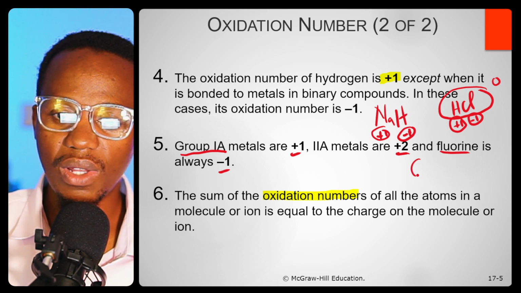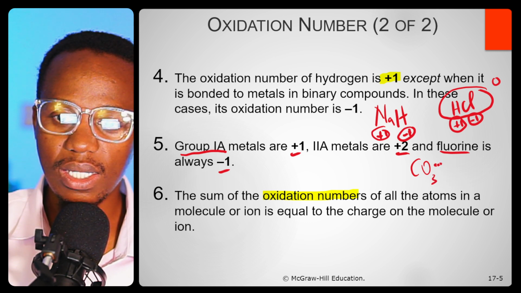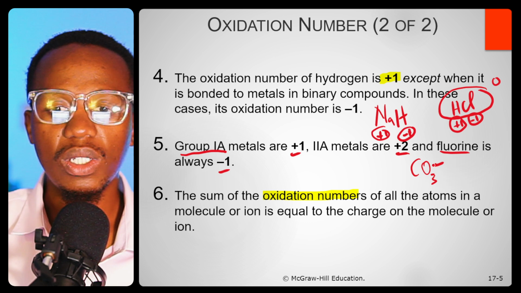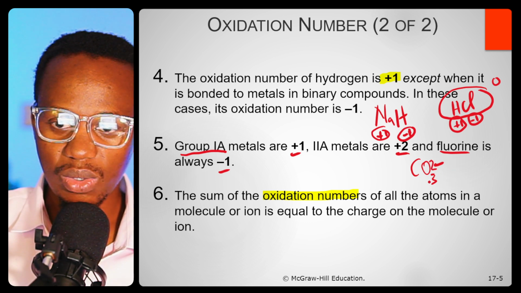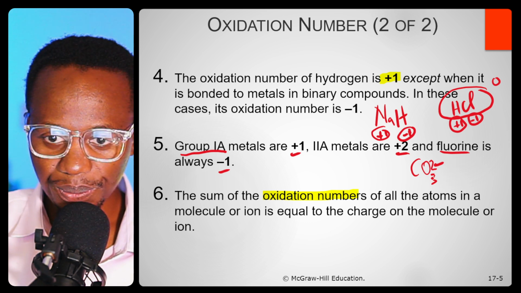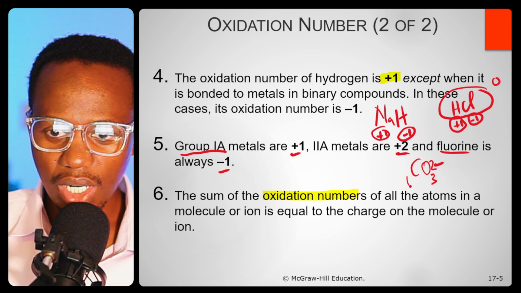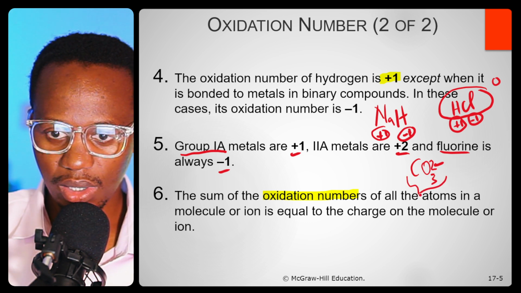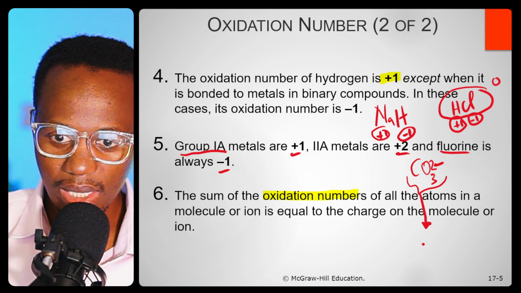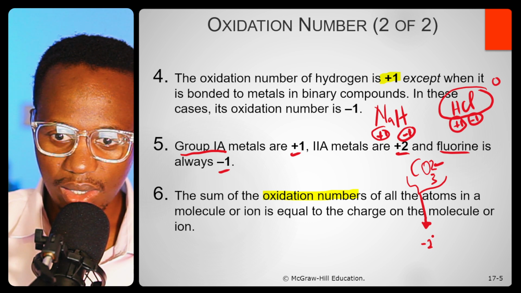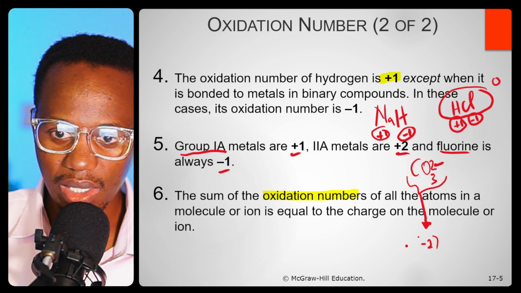Now, if you have something like CO3 2 minus, the same thing applies, but here the sum has to equal the charge of the ion. So if I ask you what the oxidation number of carbon is here, you'd say, I know oxygen is -2, and I have 3 of them, so 3 times -2.